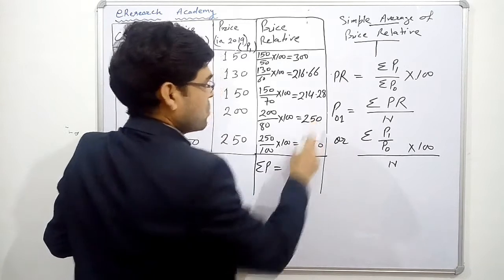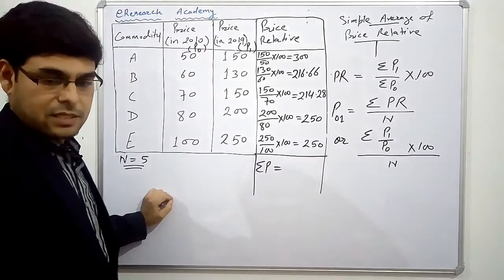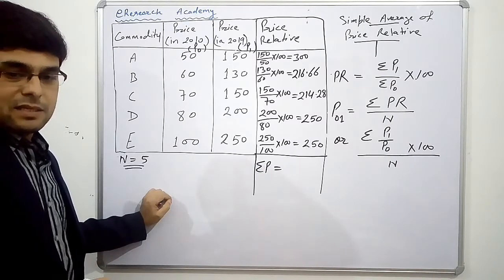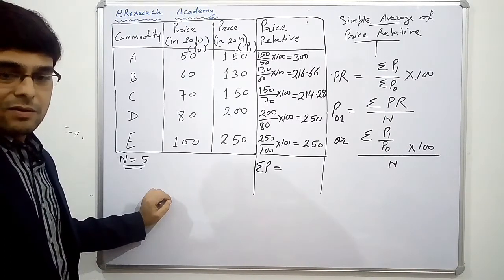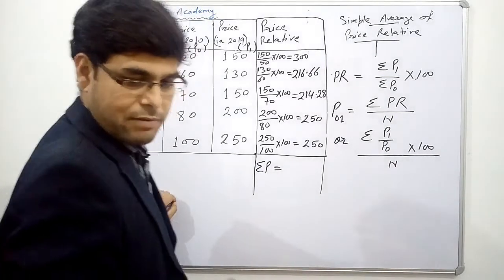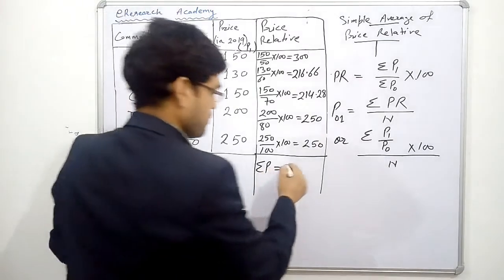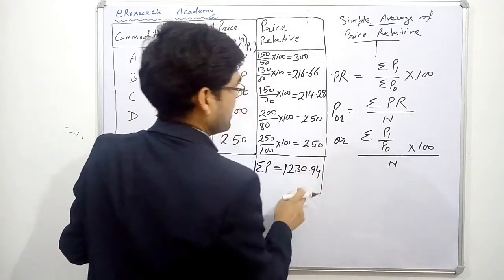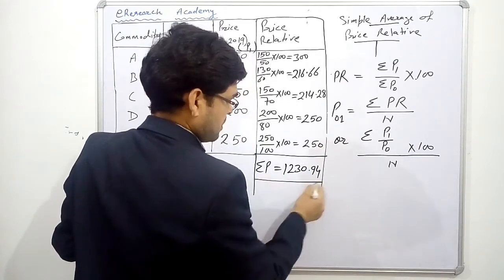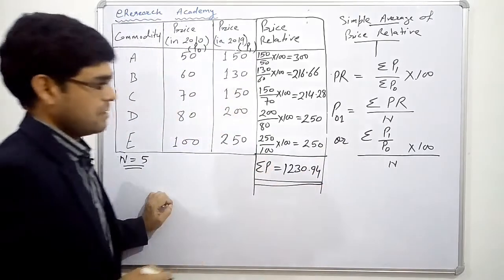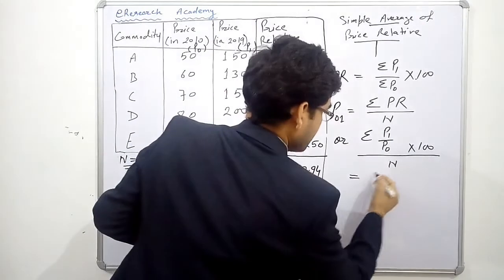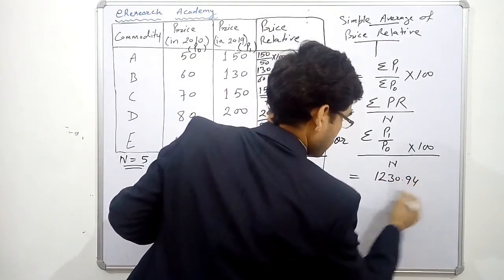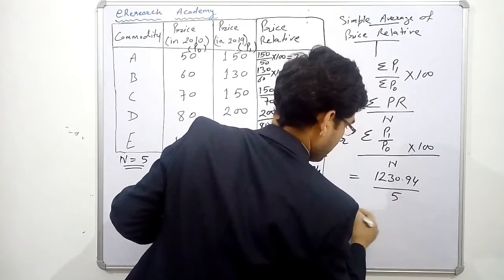Let's take the summation of the price relatives. It gives us a total of 1230.94. So this is the total of all price relatives. Put this value here: 1230.94 by 5.